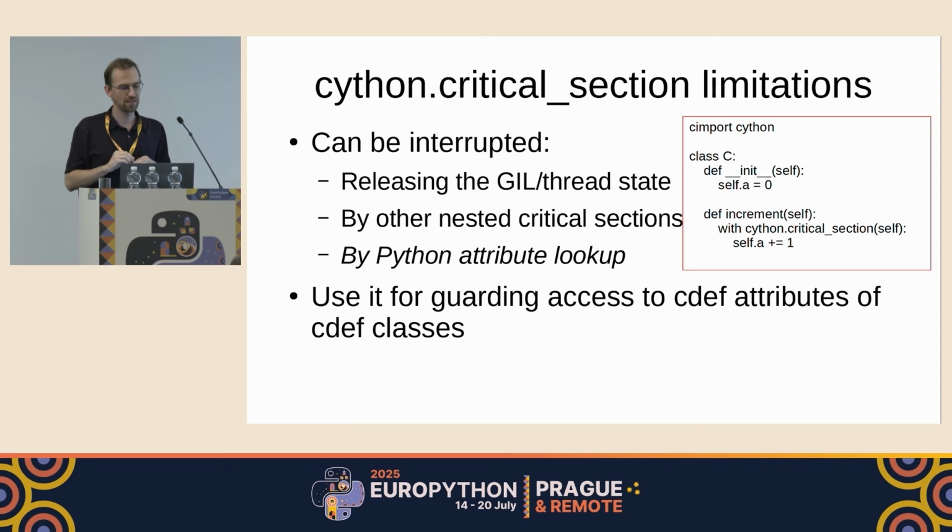And the main thing that breaks it is Python attribute lookup. If you do anything that's looking up a Python object, that essentially uses getattr, then it will break your critical sections. So my advice is to use it to guard cdef attributes on cdef classes where you don't have Python attribute lookup.